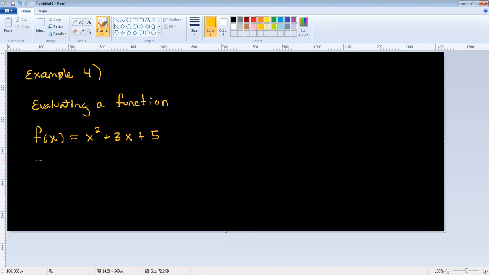That's the function. What if we said f of 2? Well, we would just plug in 2 every time we see x, and we would evaluate this. So this would be what? I think 15.